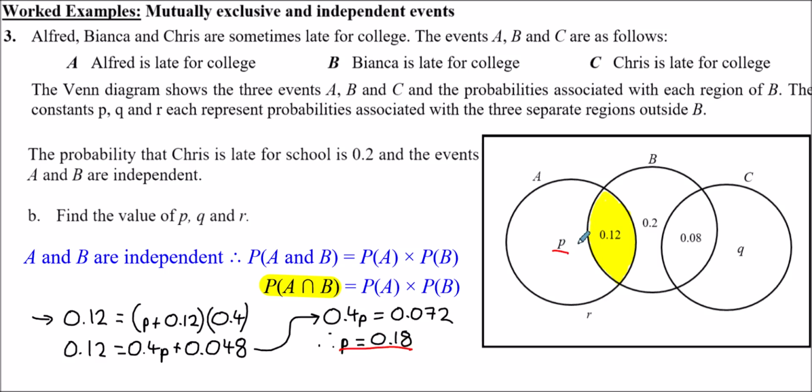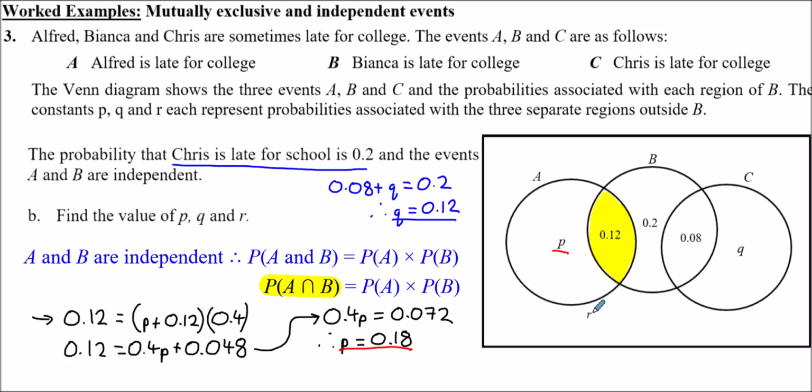Now we can do the easier ones. So we're told here that the chance of Chris being late for school is 0.2. So 0.08 plus Q equals 0.2. So a really simple rearrangement. Q is going to be 0.2 minus 0.08. Q is going to be 0.12.